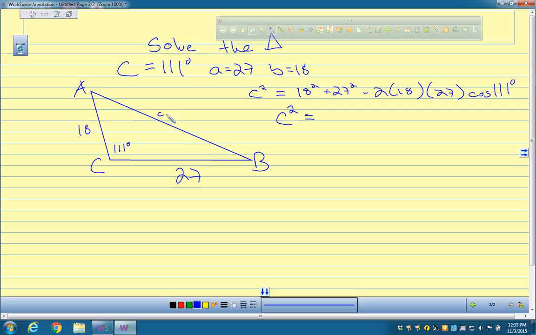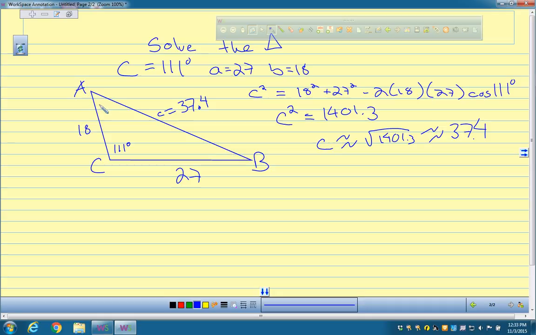Because it's opposite the biggest angle. And so if you do this, you get c squared is like 1401.3 or something like that. And so c is equal to the square root of 1401.3, which is about equal to 37.4, which makes sense, right? Because it's bigger than those other two sides.